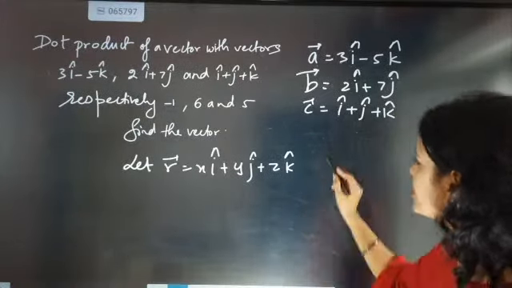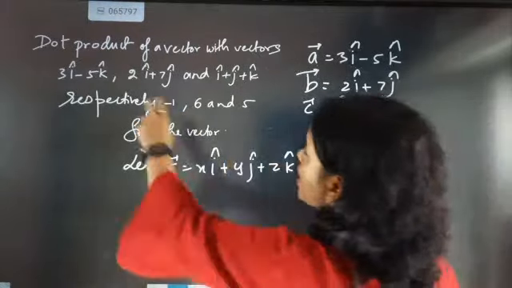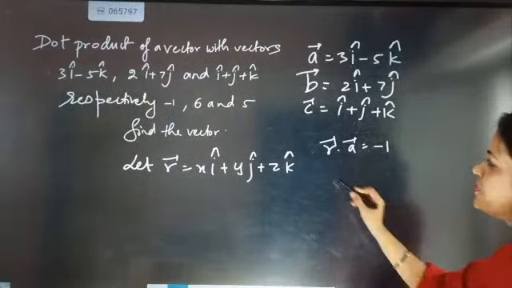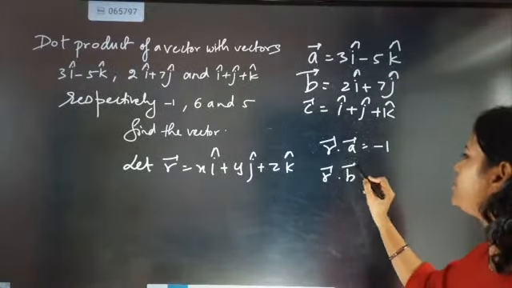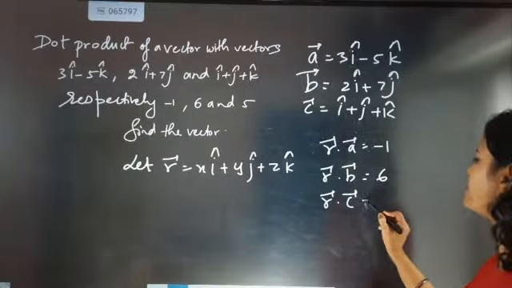Then the dot product of R with A is -1, the dot product of R with B is 6, and the dot product of R with C is 5, all given.